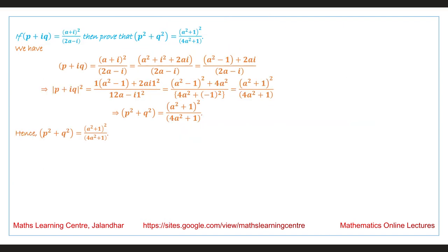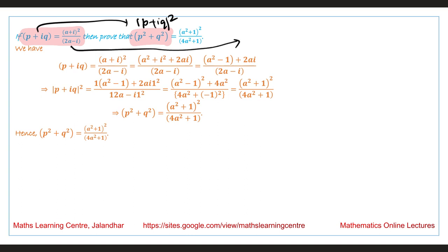Next is, if p plus iota q is equal to a plus iota square over 2a plus iota, we have to calculate the value of p square plus q square. Again, if we look at this value, we are basically talking about the mod of this number p plus iota q square. So we have to separate the real and imaginary parts.